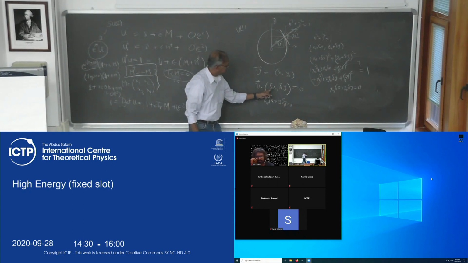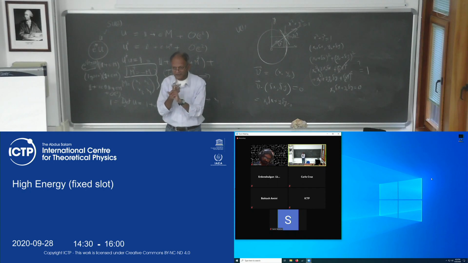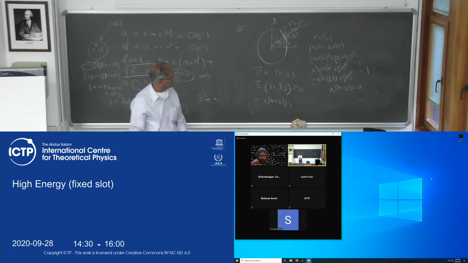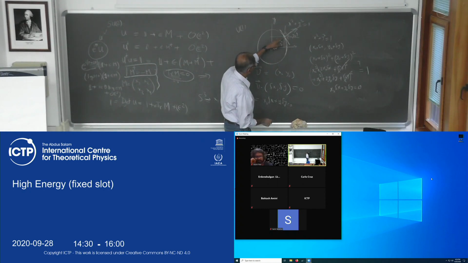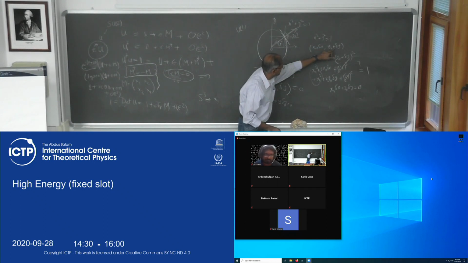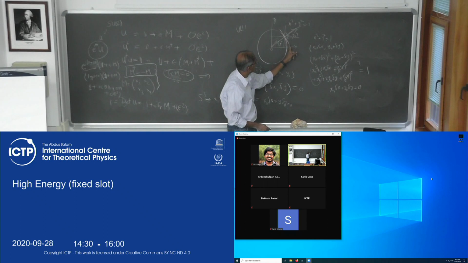So this tells us that actually this vector must be perpendicular to that vector, right? Because if there are two vectors whose dot product is 0, then they must be perpendicular to each other, right? So this was the direction for v, and by demanding that the infinitesimal change stays on the circle, we are just saying that this delta x, delta y defines a vector which is perpendicular to that vector.